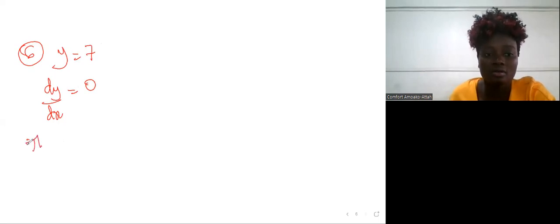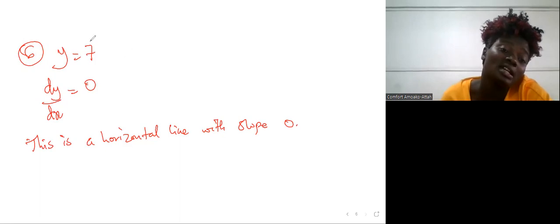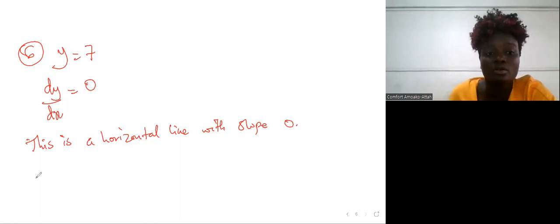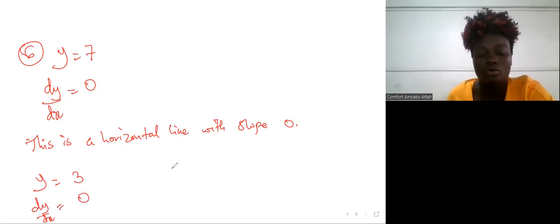So differentiating a constant number will give you 0. Let's say y equals 3. The dy/dx of this will give you 0.